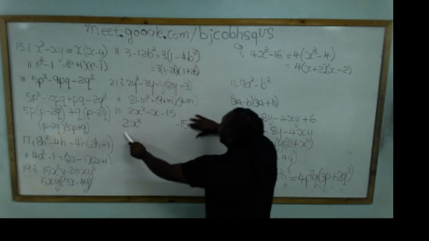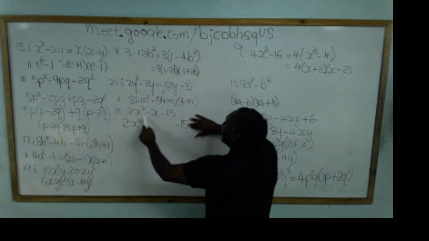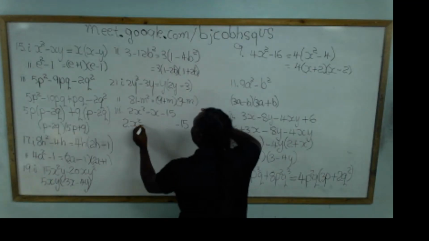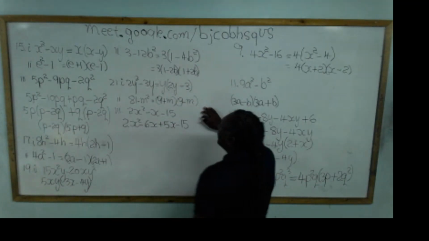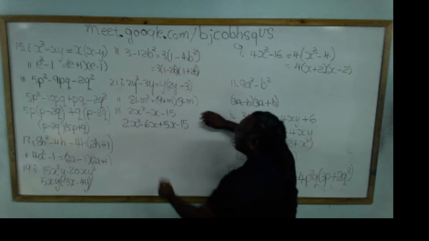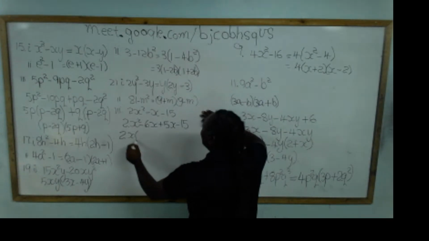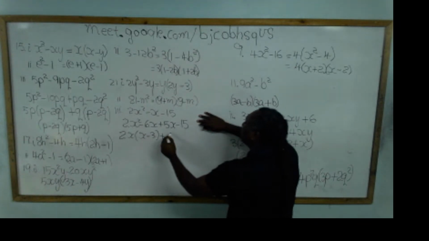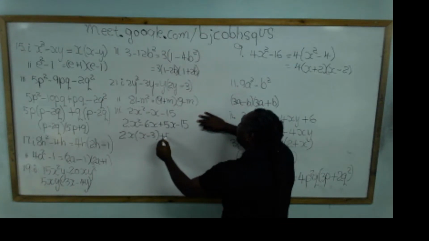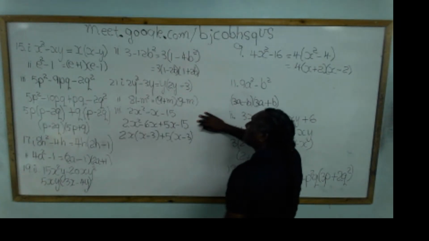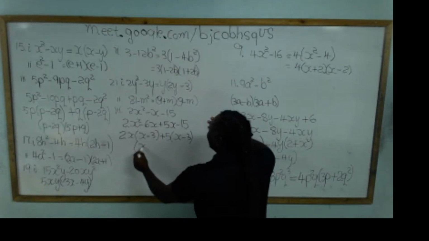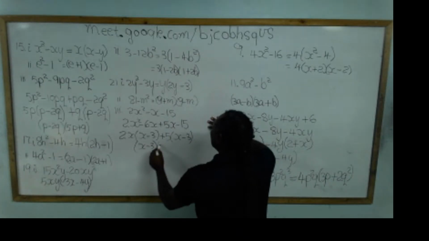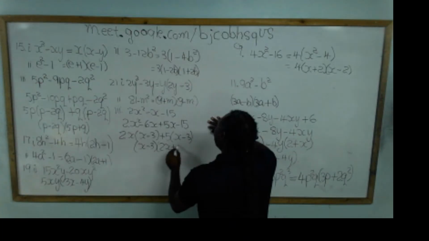I have a product of negative 30 and a sum of negative 1: minus 6x plus 5x. Then what's common in these two? 2x. Then we have x minus 3. Then what's common in these two? 5. Then we have x minus 3. So finally, x minus 3, 2x plus 5.